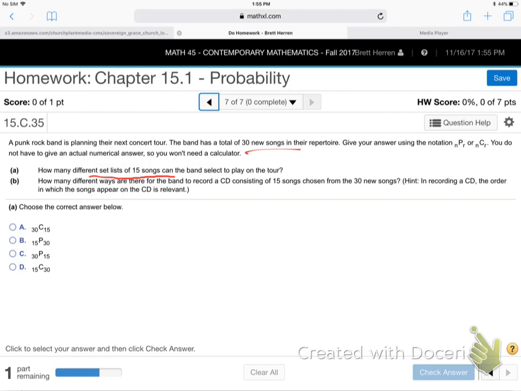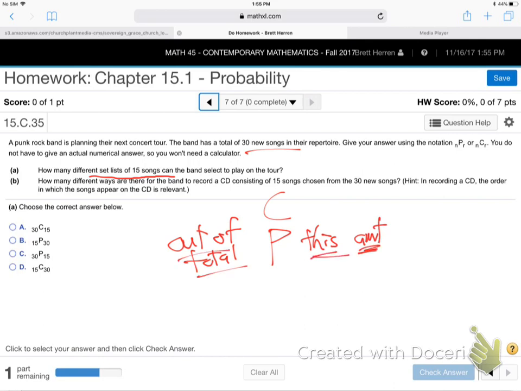So how many different ways can they do this? So you want to think, out of this total, C or P, this amount. Y'all with me?